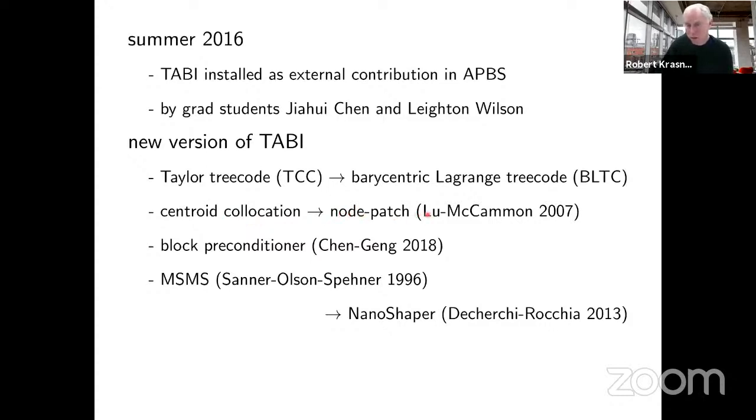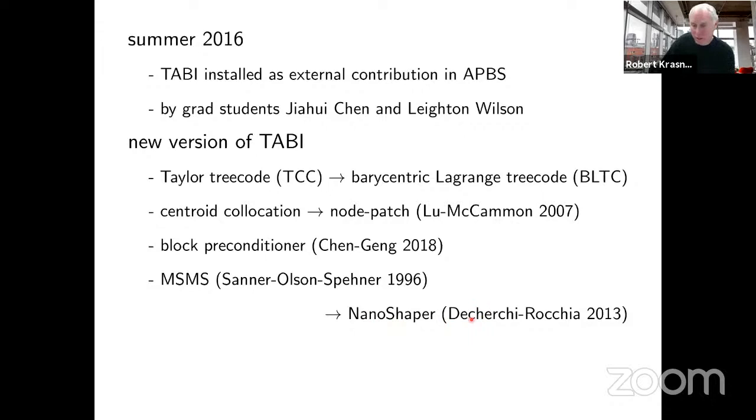Benzhuo Lu and Andrew McCammon had a paper in 2007, and they showed the benefit of using this node patch discretization. Jiawei and Weihua developed a block preconditioner to accelerate the GMRES solving. And we had been using MSMS. We switched now to NanoShaper.